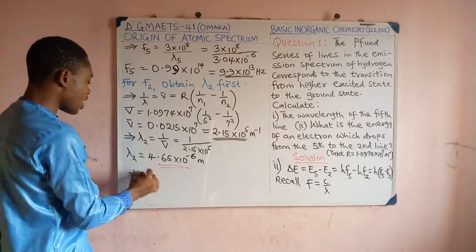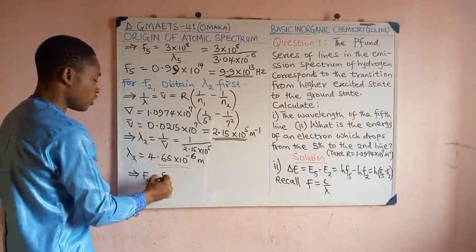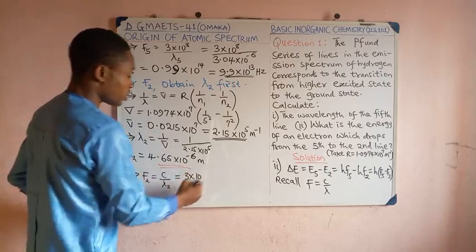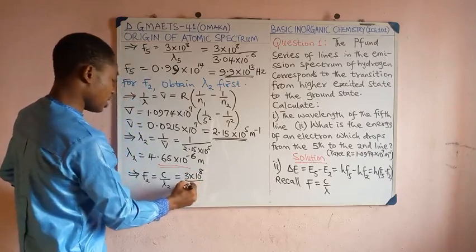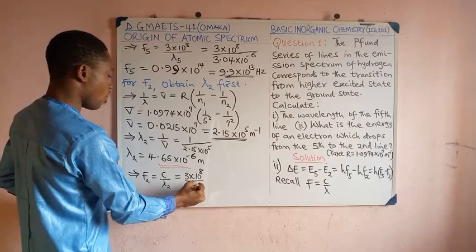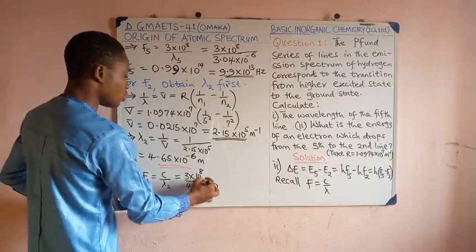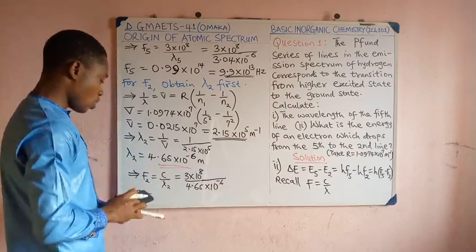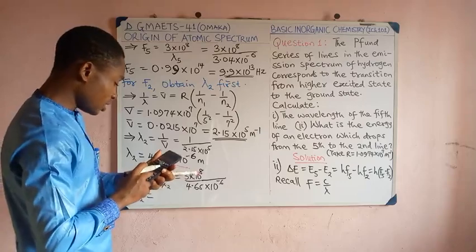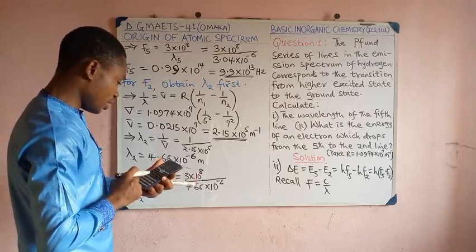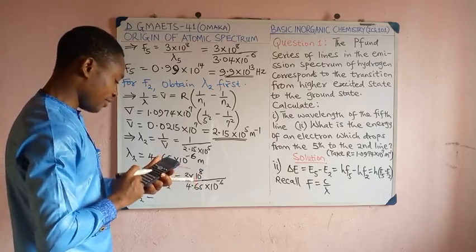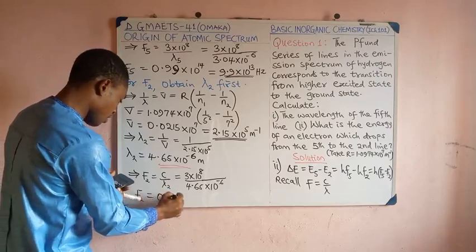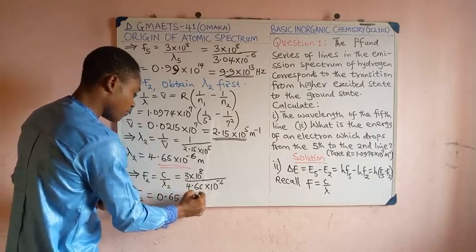F2, that is the frequency of the second line, is the speed of light divided by the wavelength of the second line. If you substitute, you have 3 times 10 raised to the power 8, divided by 4.65 times 10 raised to the power minus 6. 3 divided by 4.65 gave me 0.65, then times 10 raised to the power 14.